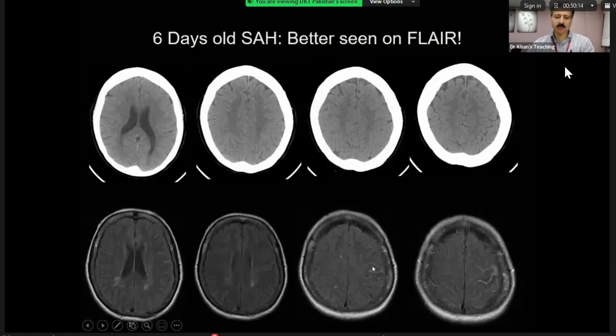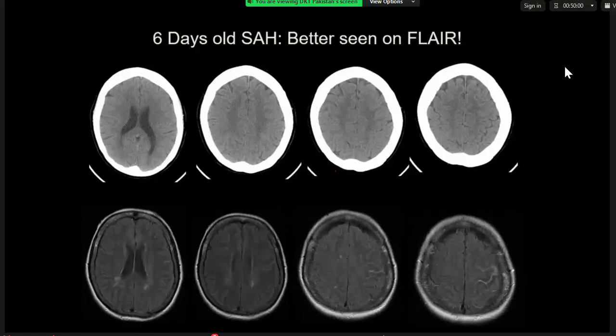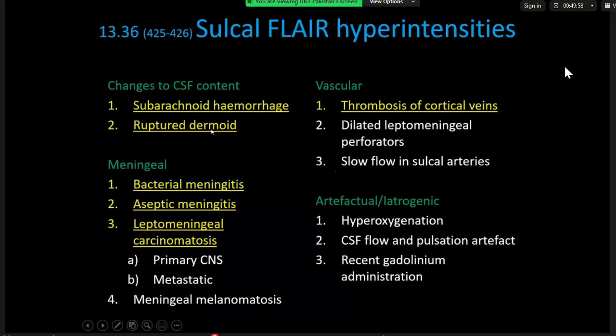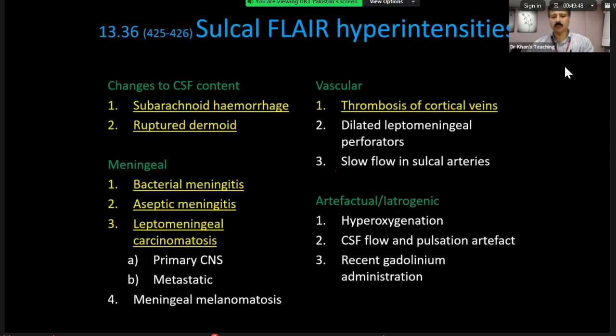So something is abnormal. Subarachnoid hemorrhage is one of the differentials. In this particular case, the explanation is that there was a bit of subarachnoid blood, which is no more visible because it is 6 days old and a bit diluted. Having said that, other things which can cause this are leptomeningeal carcinomatosis or any infective process, and you have to remember this.